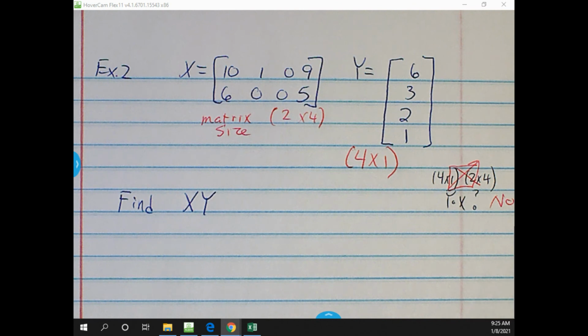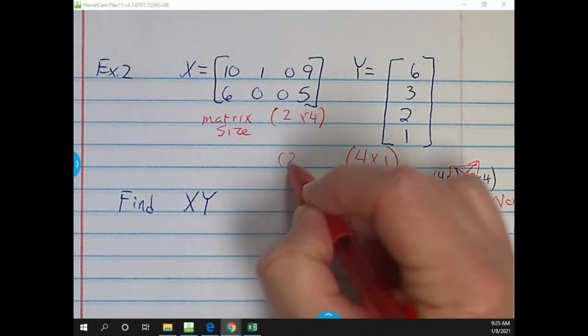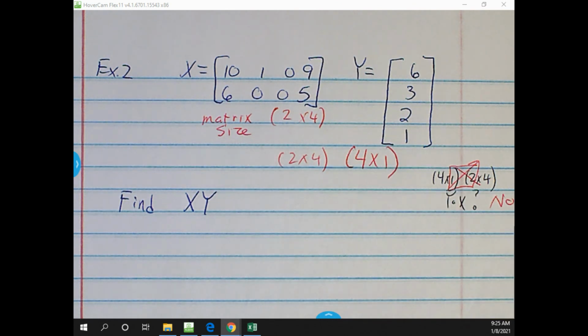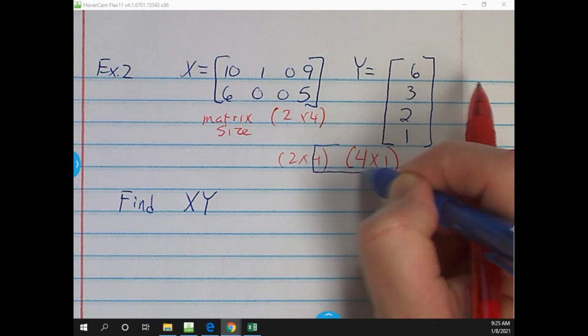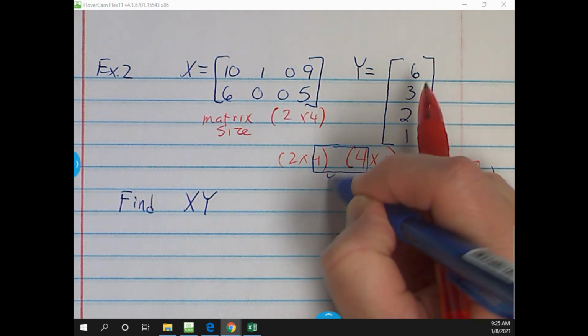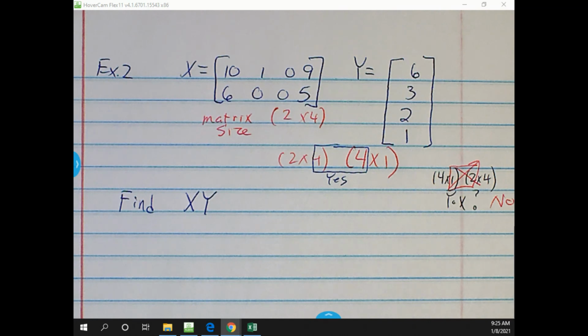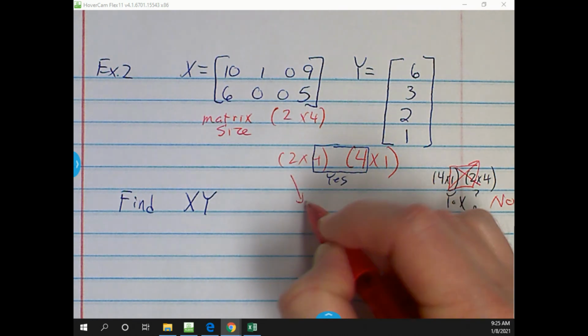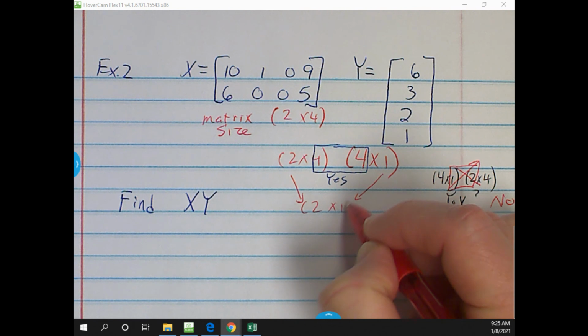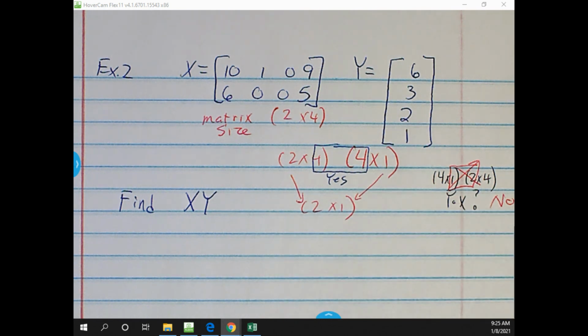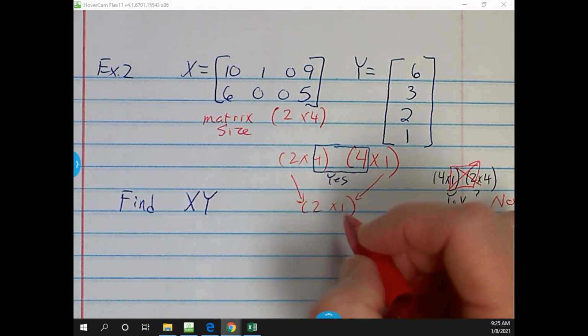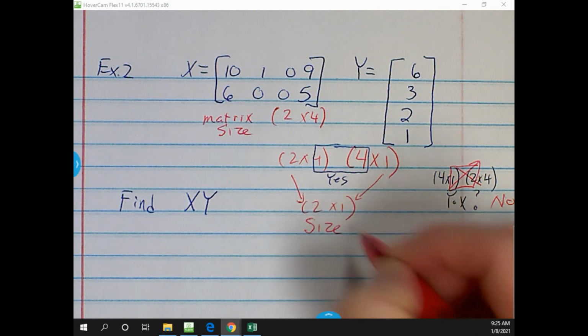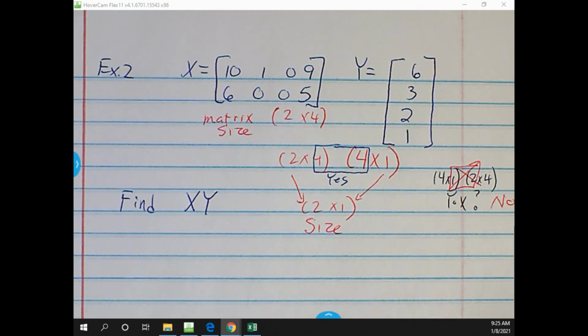Now, x times y is okay because if you put these 2 together, you've got 2x4 and a 4x1. Your middle 2 numbers match up, so that's good. Which means that the answer is going to be a 2x1 matrix when we get done with it. So if they ask us to find x times y, I'd go ahead and figure out what size it is, that way at least you've got some idea of what it's going to look like. We're going to have 2 rows and only 1 column.